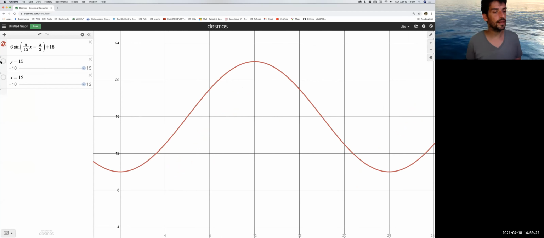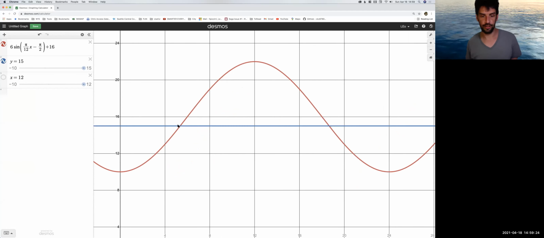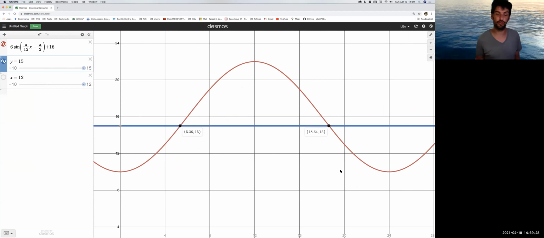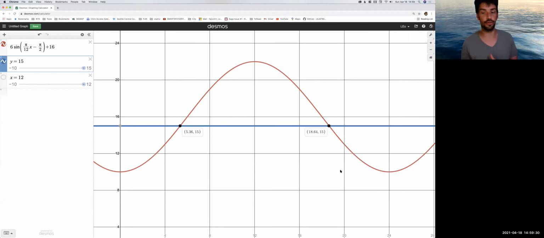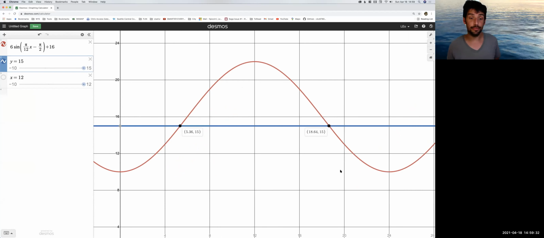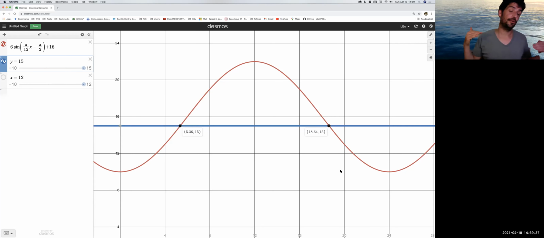Also notice here are those 2 points, 5.36. These are the 2 coordinates in this first day that we're looking at. These are the 2 times, 5.36 hours and 18.64 hours, where the tide is at 15 feet, according to the model.